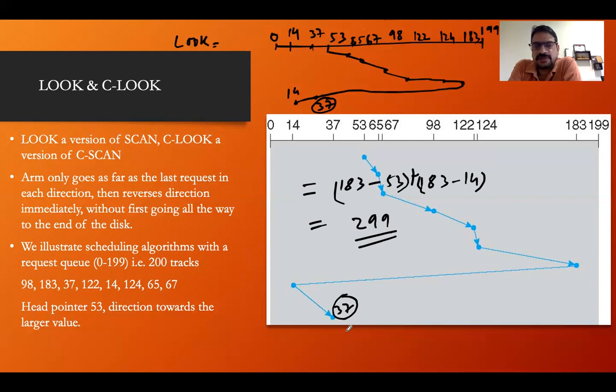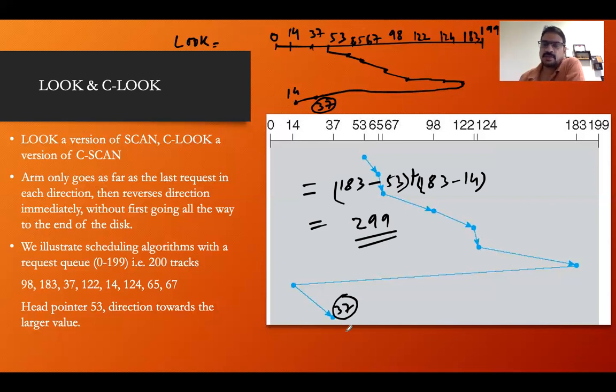Now if we observe which particular disk scheduling algorithm is good, definitely shortest seek time first, which is SSTF, is the better one. If we take the cylindrical assumption of C-SCAN and C-LOOK, then C-LOOK is better.